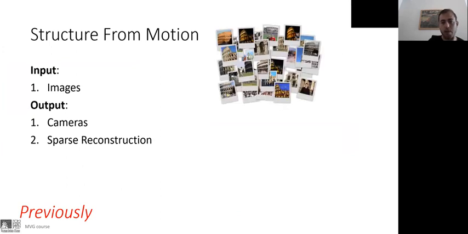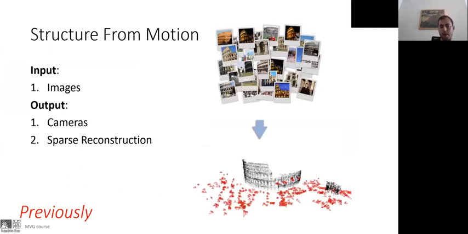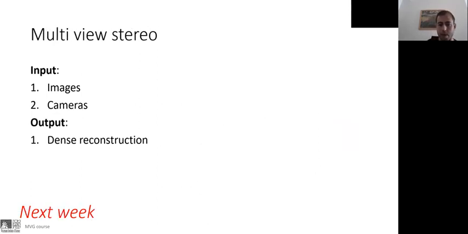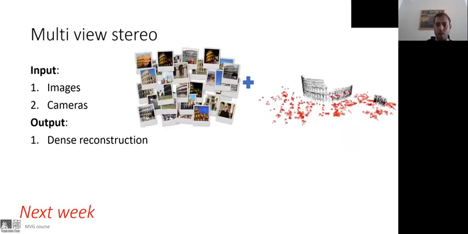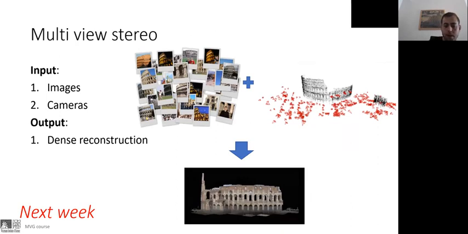And before today, we talked about structure from motion that gives us, for unordered images, sparse reconstruction and cameras. But next week, we will talk about how to get dense reconstruction from multiple images using known cameras. Okay, sorry for going two minutes over, but if you have more questions, feel free to ask.